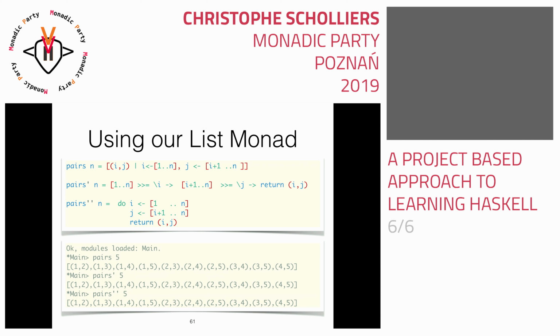We can do the same kind of thing in the list monad. The way that we do this is we take i's out of this list. This is an m of a, and we take out the individual element, and implicitly here there is this bind operator between this part and that part.